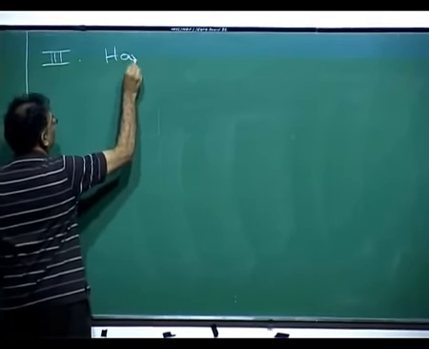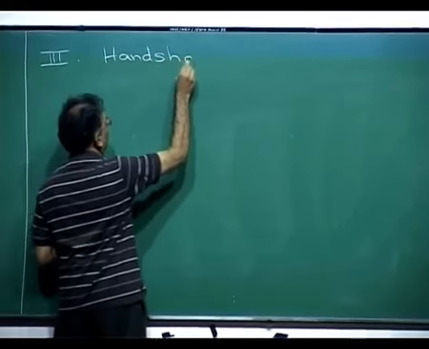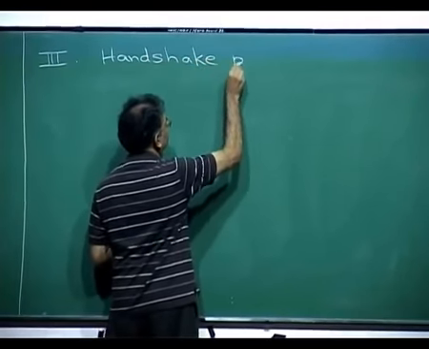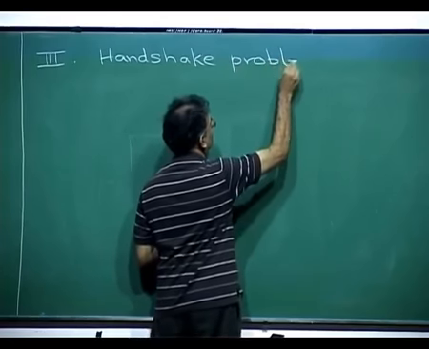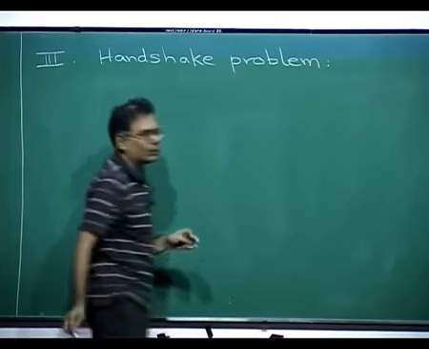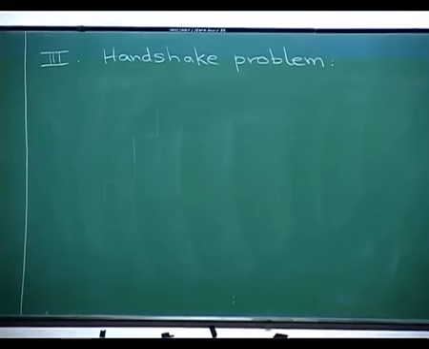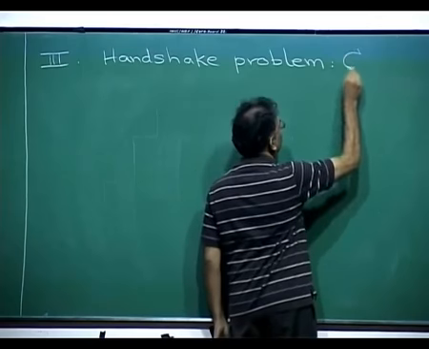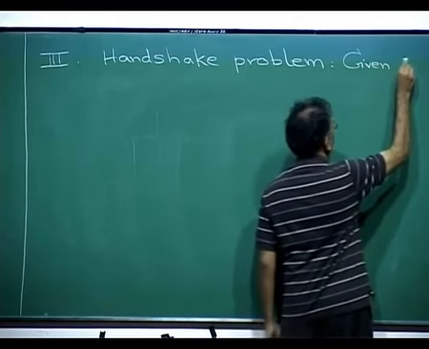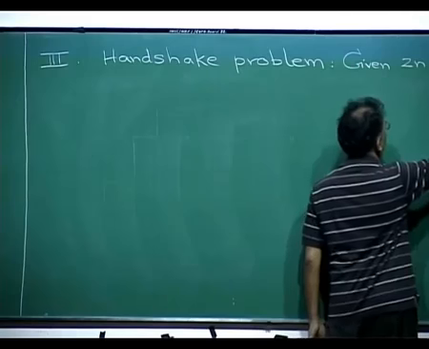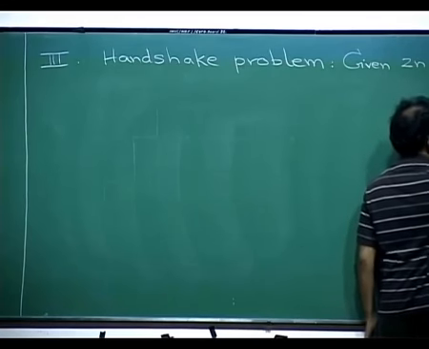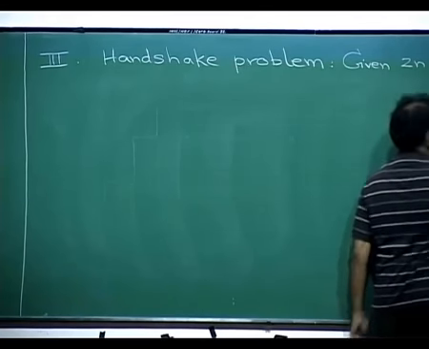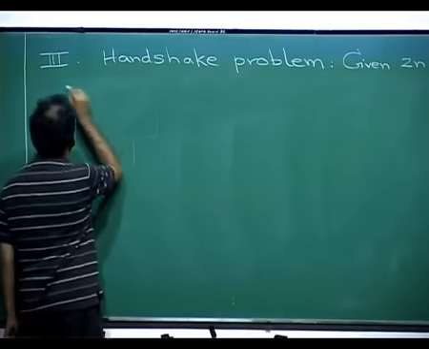So third one is, so let's call this the handshake problem. Okay, so you're given 2n people sitting around a circular table.